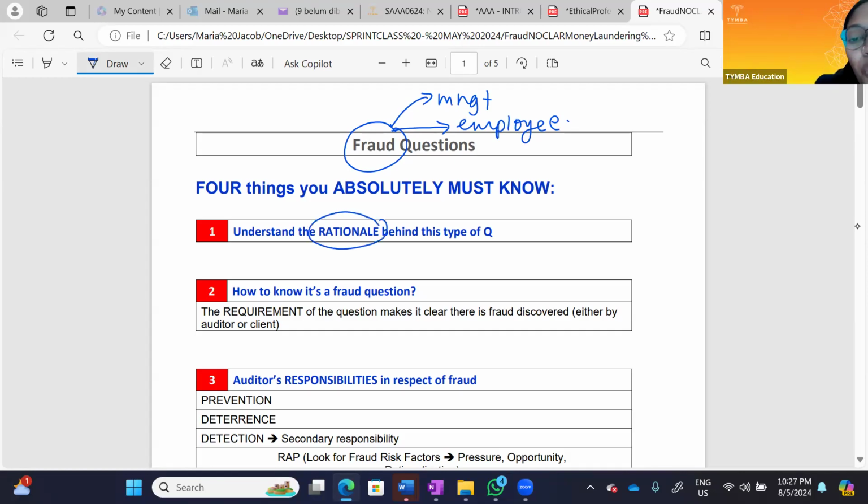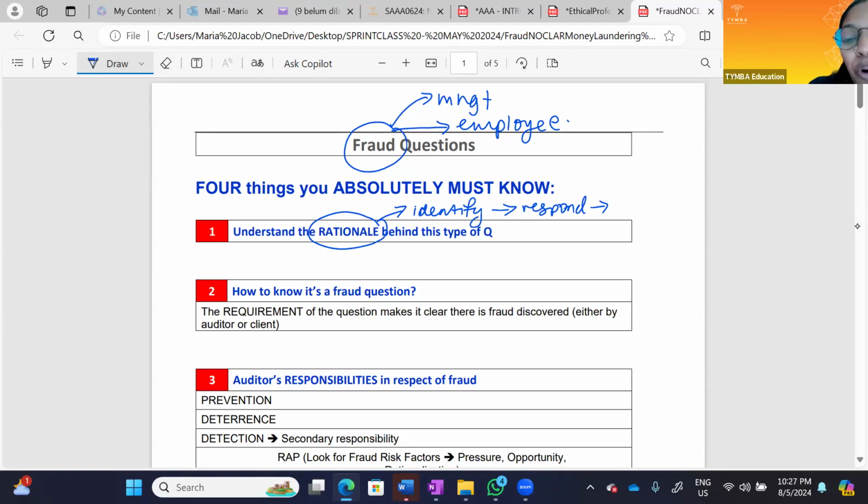What they are looking for, the rationale of asking this type of question in the exam, is that they want you to be able to identify the fraud, or identify the possibilities of a fraud in a case. And once you have identified it, how you should respond to it.